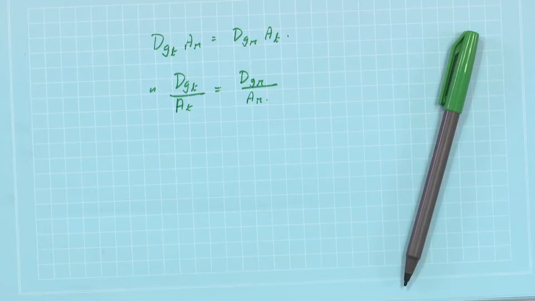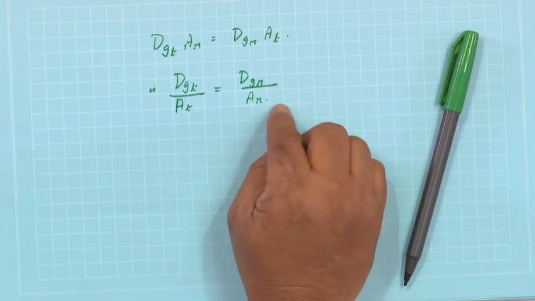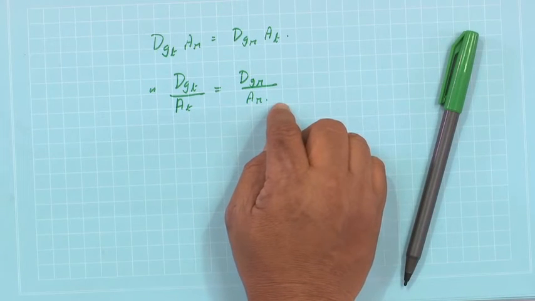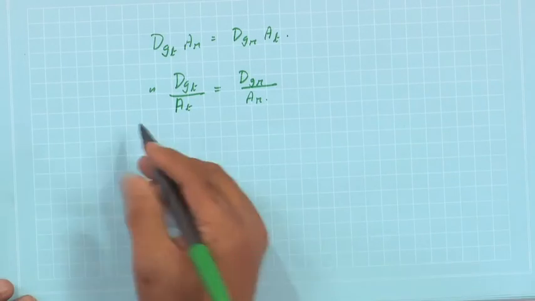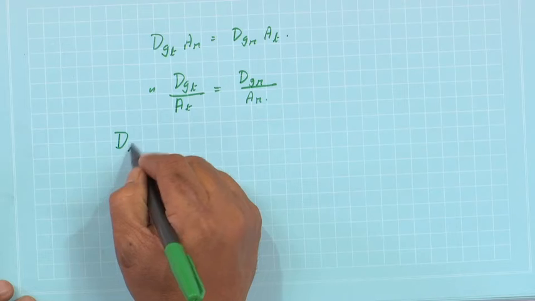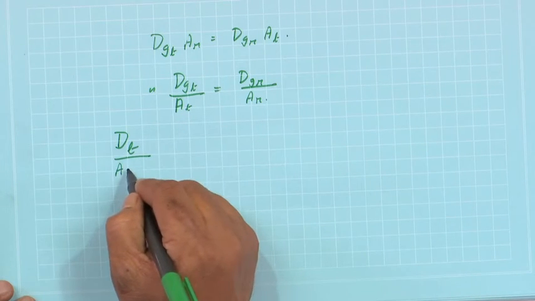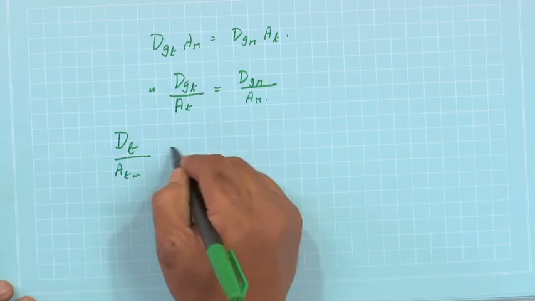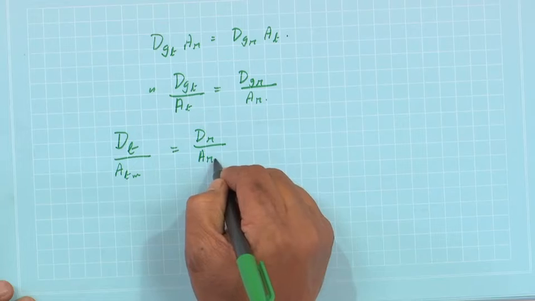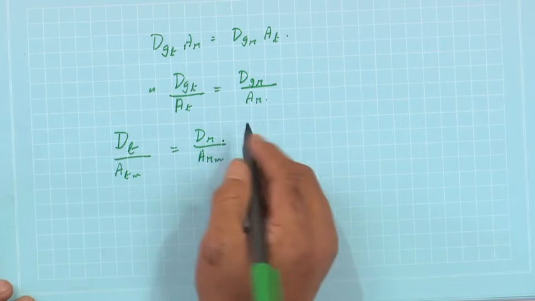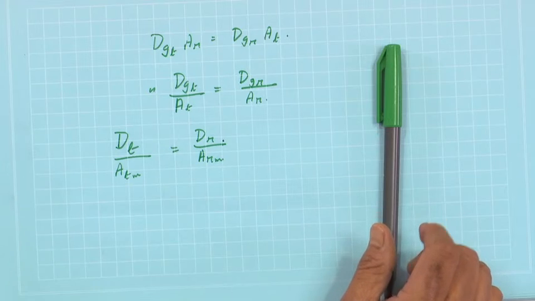So, if ATM and ARM are maximum effective aperture of antenna 1 and 2 respectively, then we can write DT by ATM is equal to DR by ARM, where DT and DR are the maximum values of the directivities.